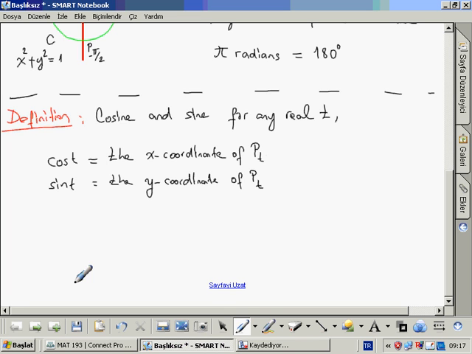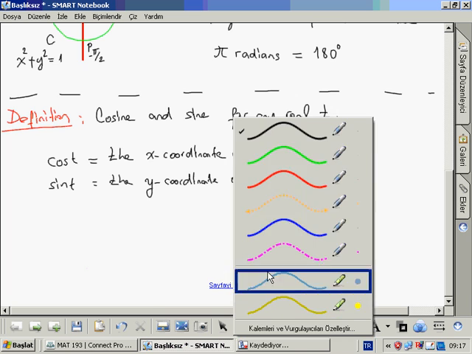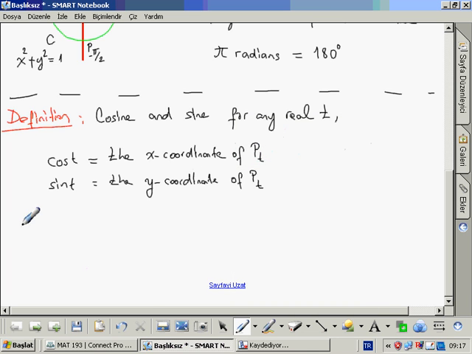And then let me give you some useful identities. Maybe you can see lots of them on page 46.